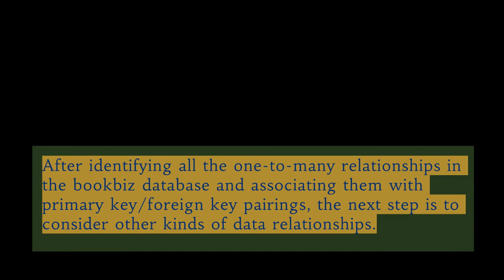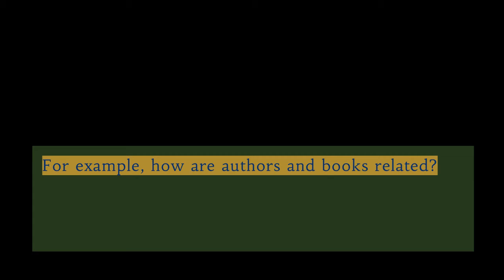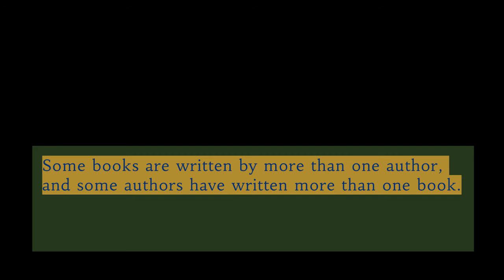Many-to-many relationships. After identifying all the one-to-many relationships in the Book Biz database and associating them with primary key, foreign key pairings, the next step is to consider other kinds of data relationships. For example, how are authors and books related? Some books are written by more than one author, and some authors have written more than one book.